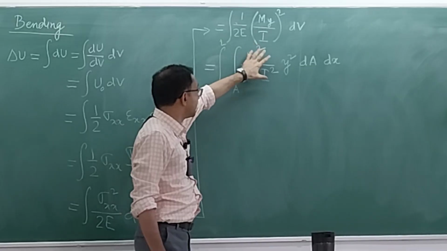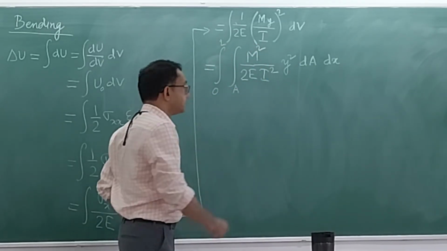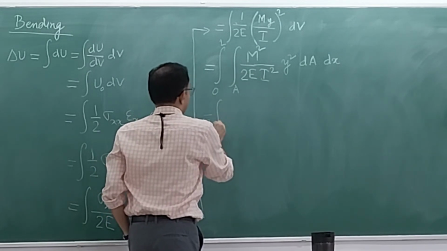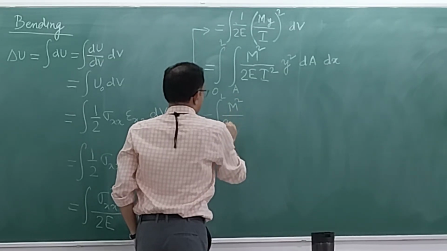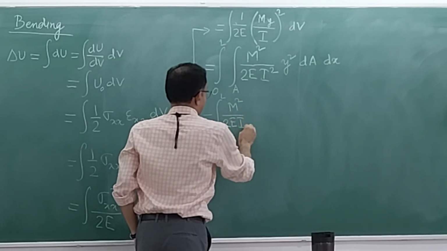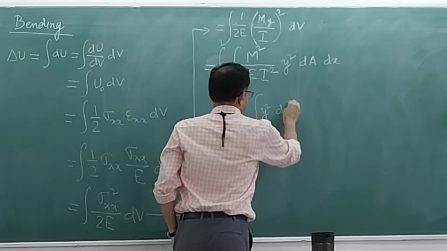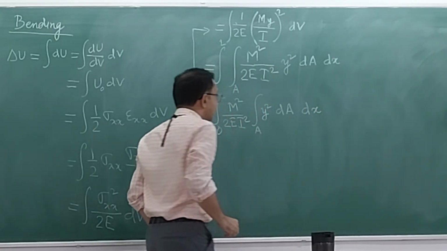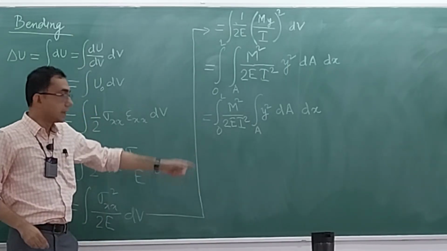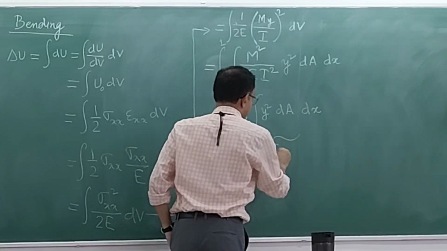So all of these things can be taken out of this integration with respect to the dA. And what is this particular combination? This is nothing but the I itself.